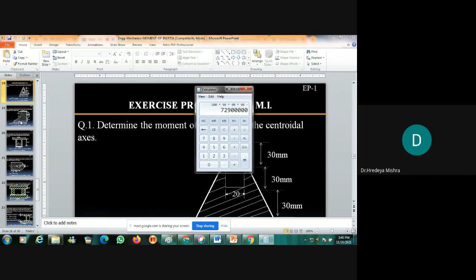Now this is divided by 12, so this is 6075000.